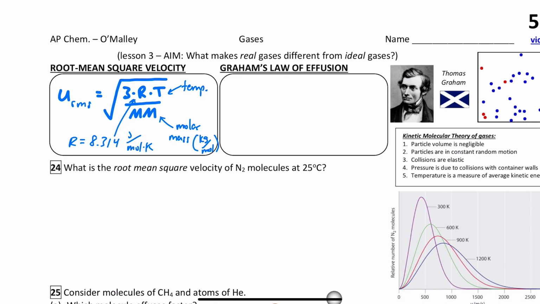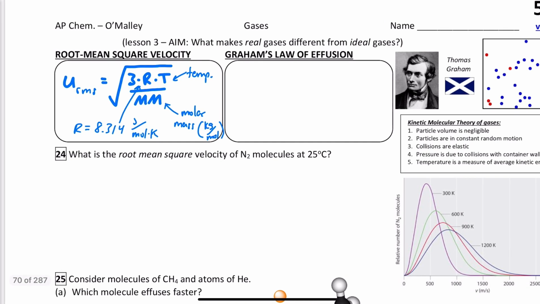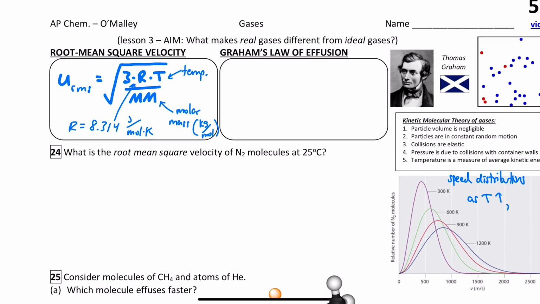So conceptually, this is actually illustrated in this graph of distributions down here. This shows speed distributions, in this case at different temperatures. And what you should notice is that at higher temperatures, as T increases, speed increases.